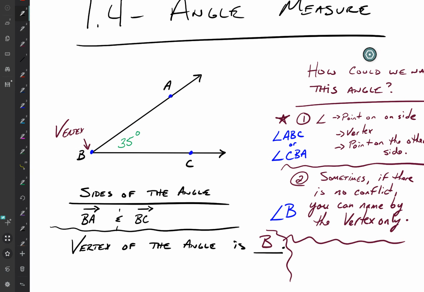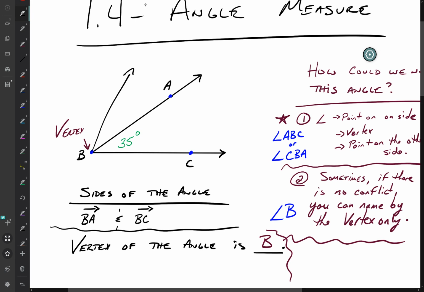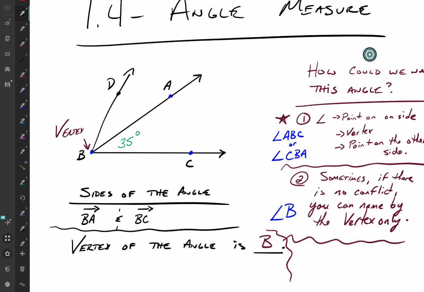Now, let's say there was another line coming out here, and that was a D. Now, could I call the 35-degree angle angle B? I couldn't actually. You know why? How many angles are there? There's actually 3 if you include the large one, DBC.